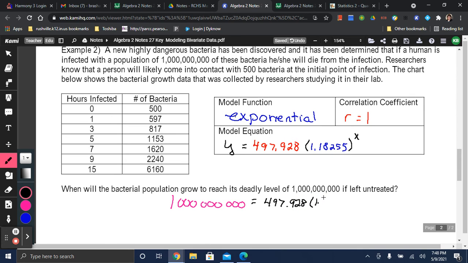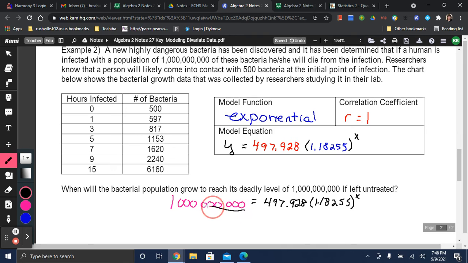And this actually is something that we've worked on solving. So let's go ahead and do the math on this.